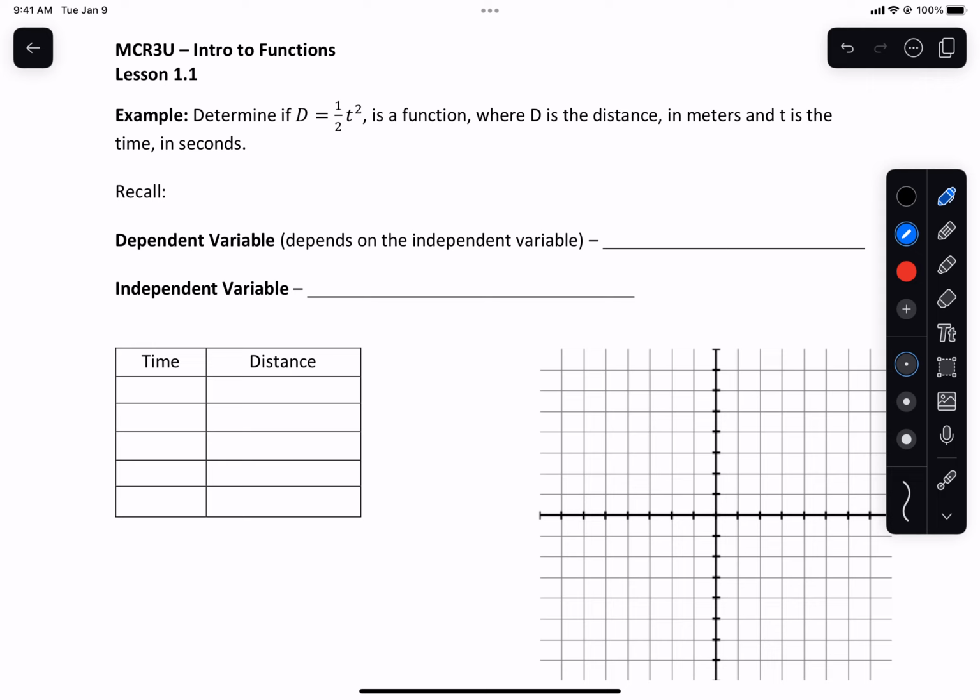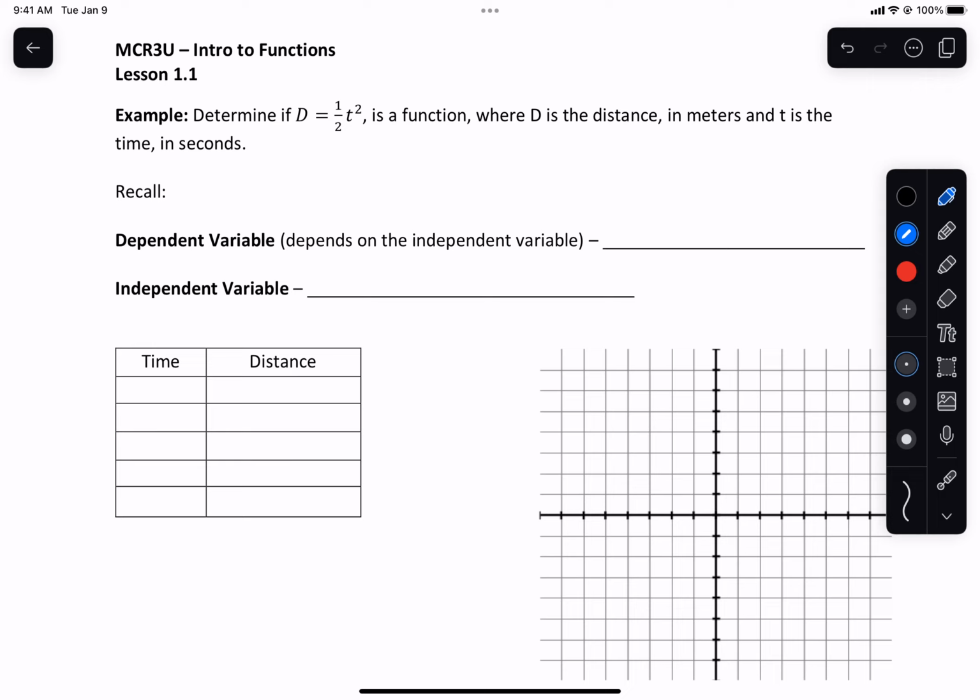So we're going to recall dependent and independent variables. The dependent variable in this particular question is what? d, which is the distance, right? So the distance someone travels depends on how long you're traveling for. Everyone agree? Most of the time, if time is involved, time is the independent variable.